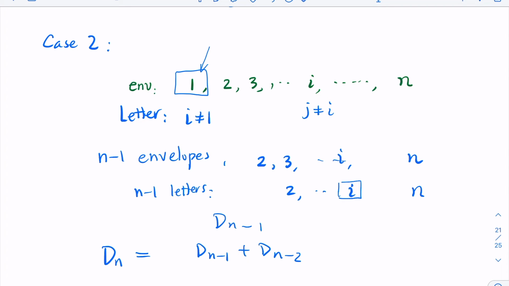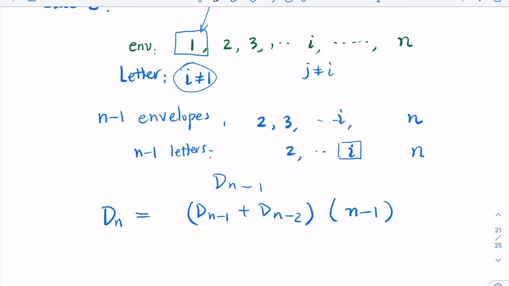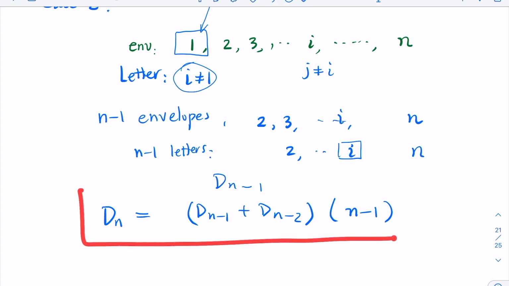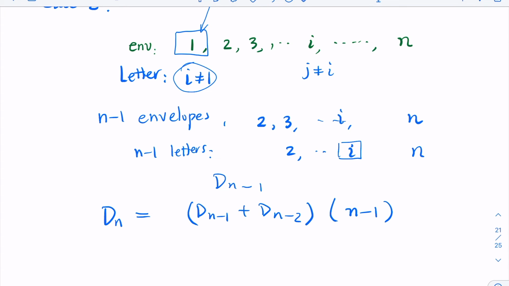But since we have many other cases, how many other cases? We have n-1, because letter i could take a value from 2 to n. Okay, so that's the recurrence relationship we are talking about.